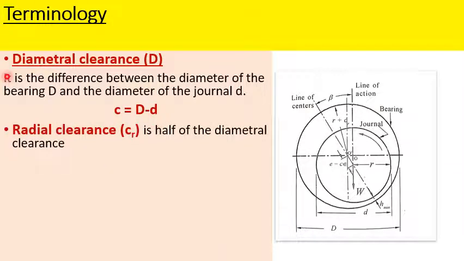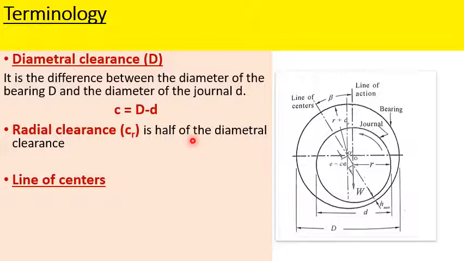Similarly, radial clearance, indicated by CR, can be given by half of this diametral clearance, or it can also be given by radial clearance CR is equal to capital R minus small r.